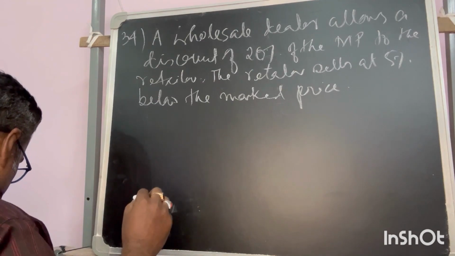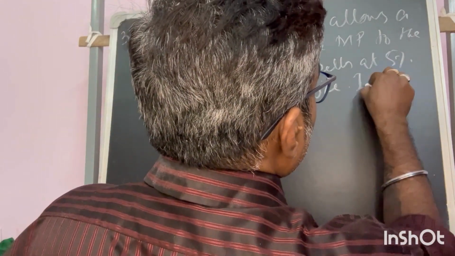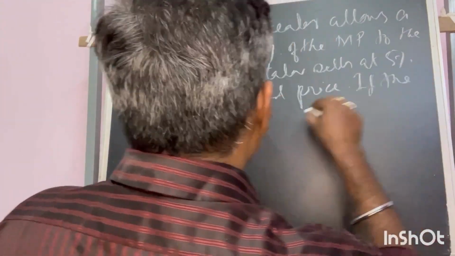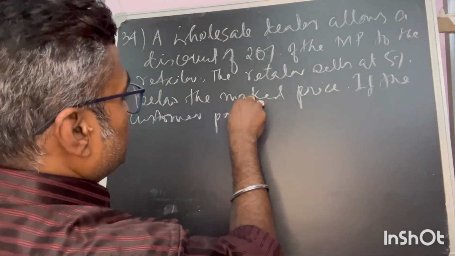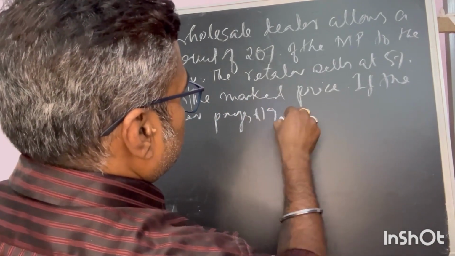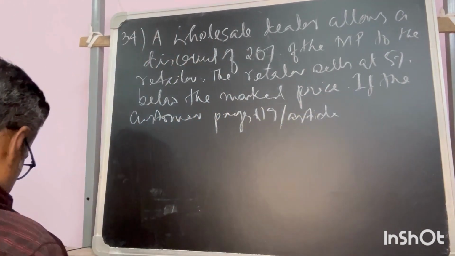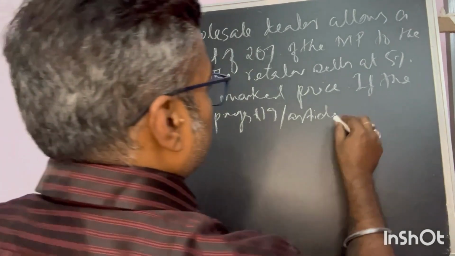If the customer pays rupees 19 per article, what profit is made by the retailer?